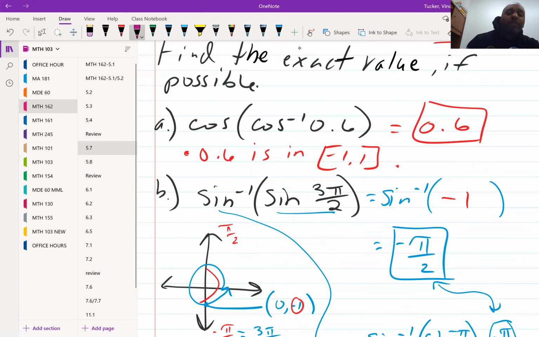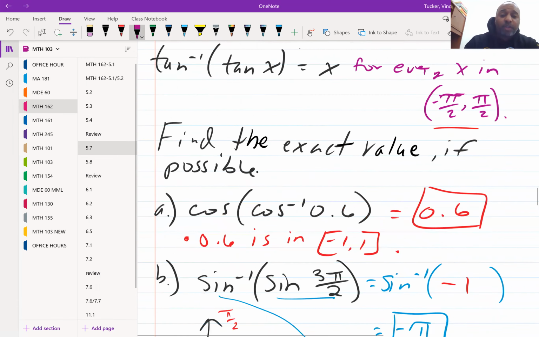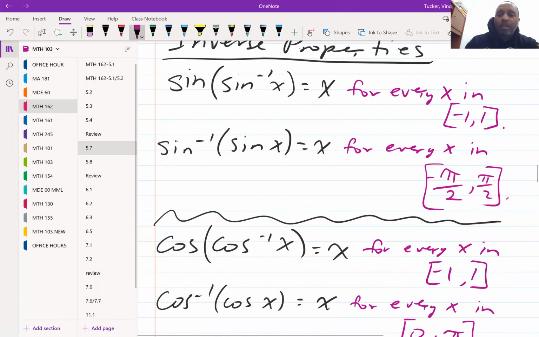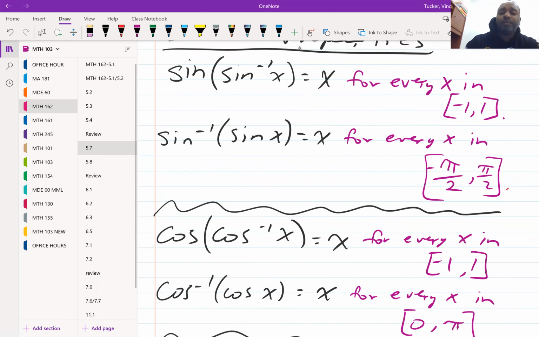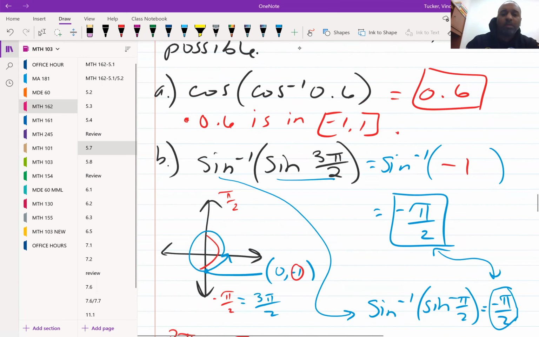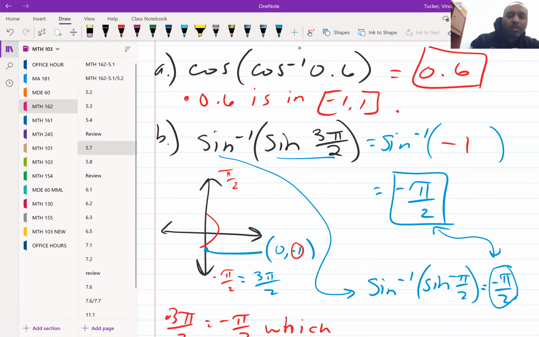So we have to be careful here because when we have sine inverse on the outside, this is our domain. So we're talking about negative pi over 2 to pi over 2. So this is negative pi over 2, and this is pi over 2.